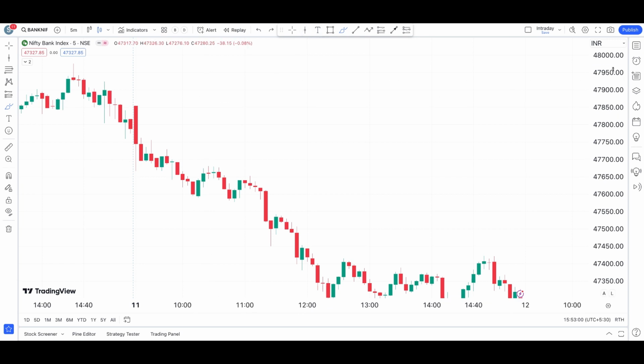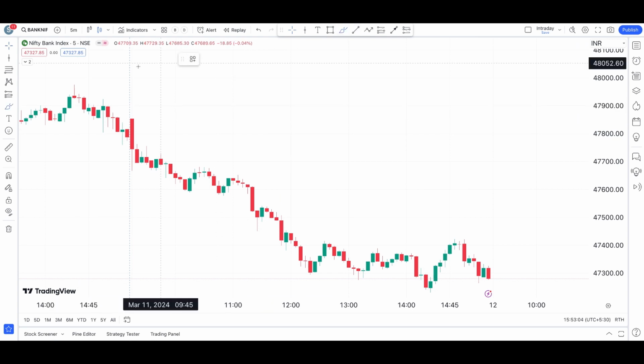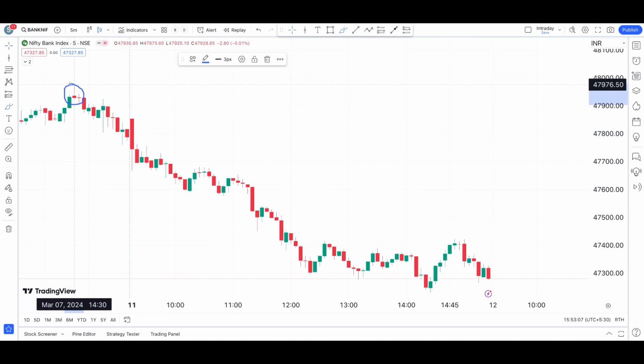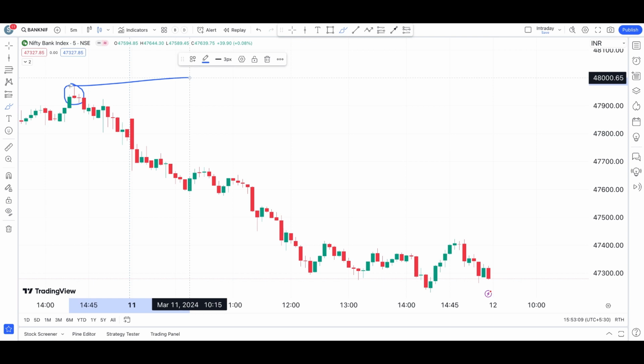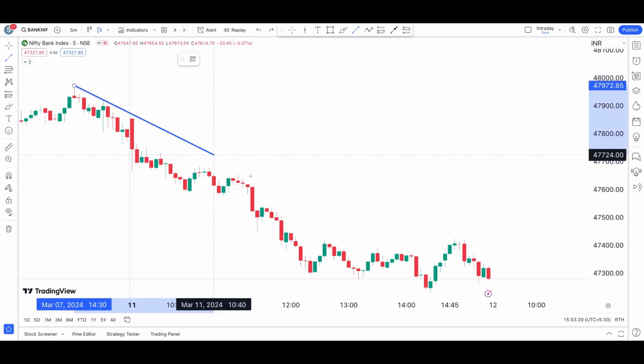So what you should do is look at the chart carefully. You have one such point here, from which you saw very sharp momentum on the last working day, last Thursday, since Friday was a holiday. So now it gives us a chance to draw a trend line based on these 2 points.